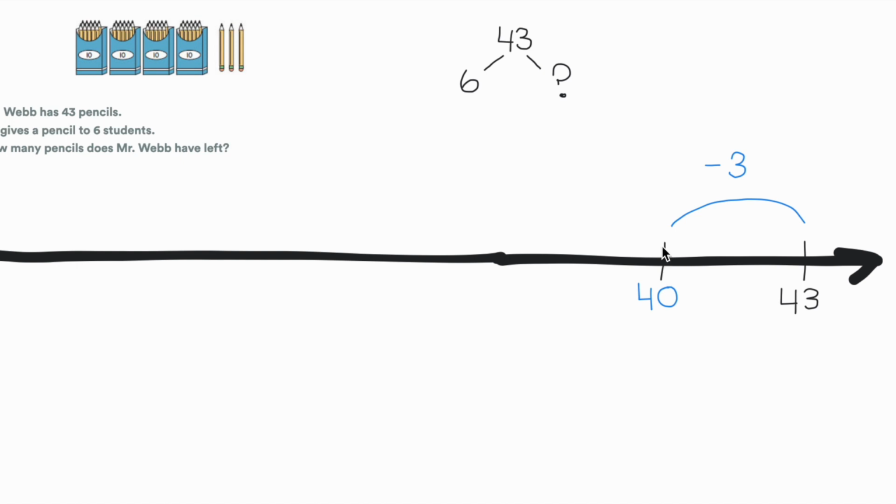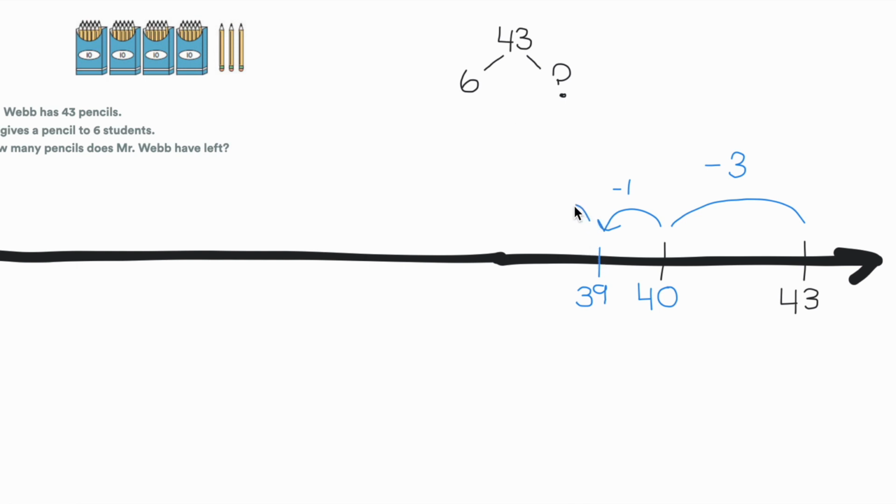Ooh, you know what? That might be a little too hard to do in my head, so I'm going to just go back by ones. Okay, so this would be, what is that? Oh yes, 39. Okay, so that's 1. So 3, 4. I need to subtract 2 more.